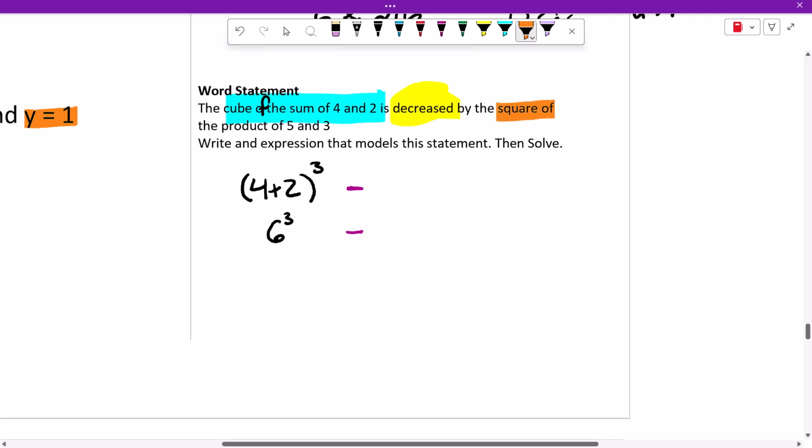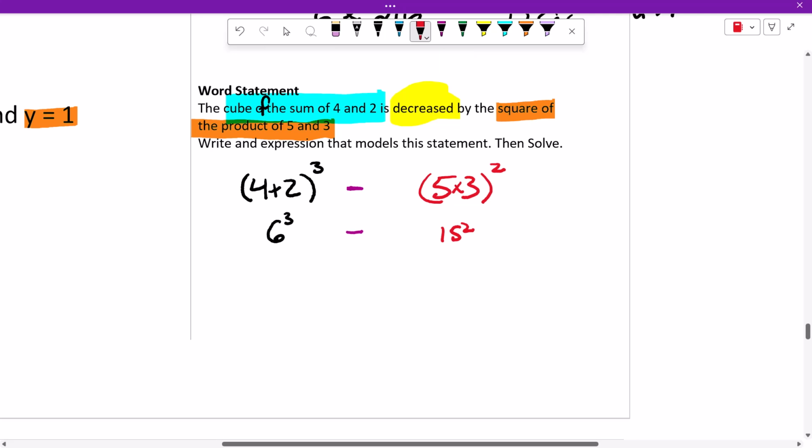The square of the product of 5 and 3. So we're going to find the product of 5 and 3 and square it. The word product, what does that mean? Multiply. So you want to multiply 5 times 3, get our answer, which is 15, and square it. That's what that's all saying.